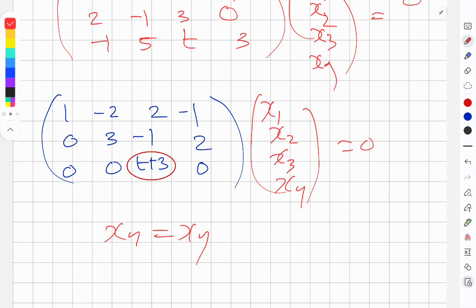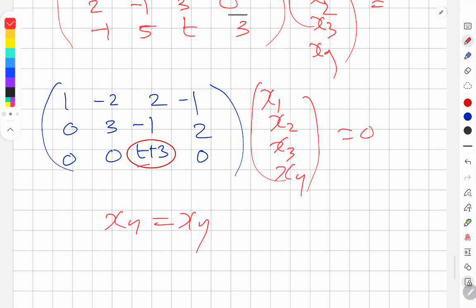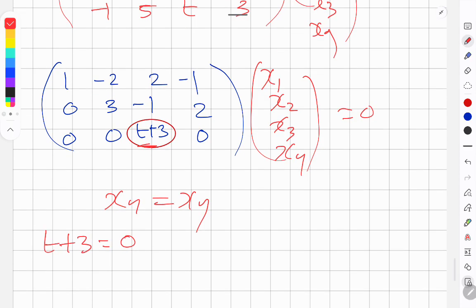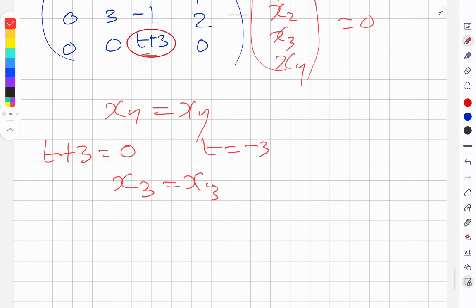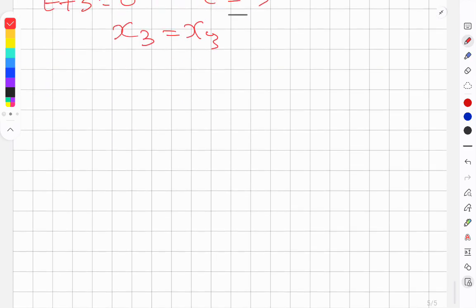So it's again two cases. Imagine if t plus 3 is equal to 0, that is, if t equals -3, you will also get x3 equals x3. We have discussed this: we actually have two free variables, x3 and x4.